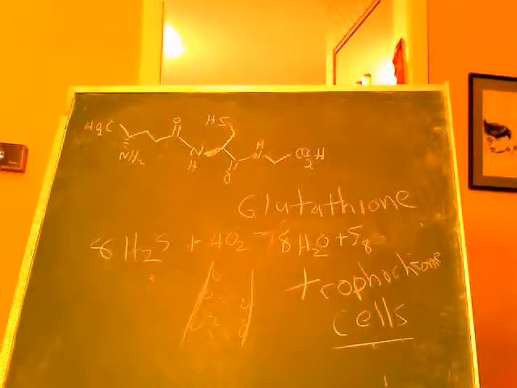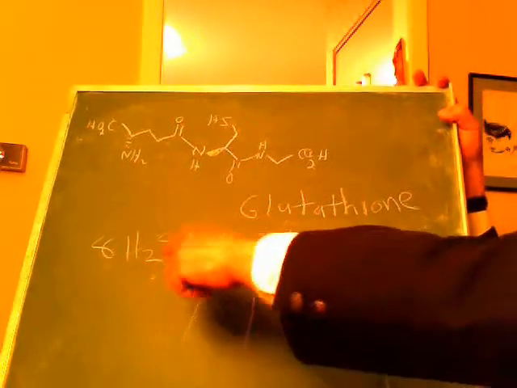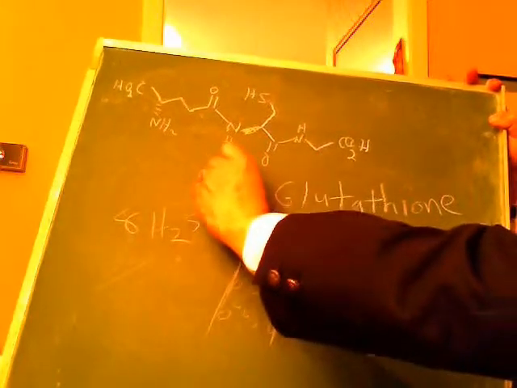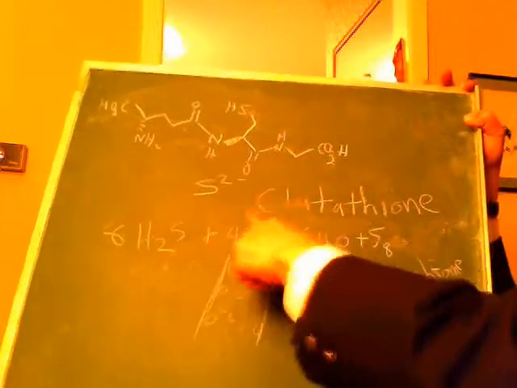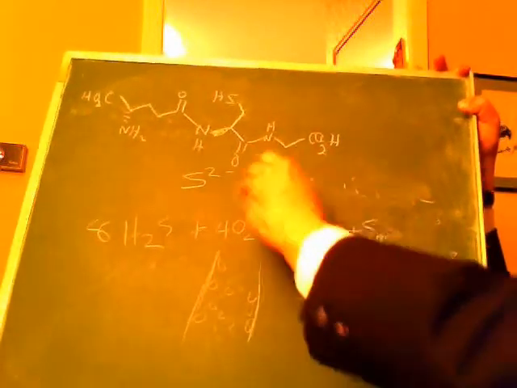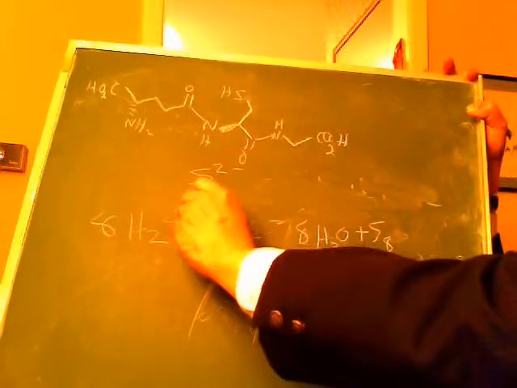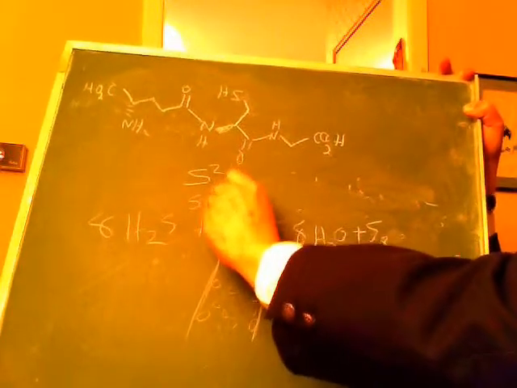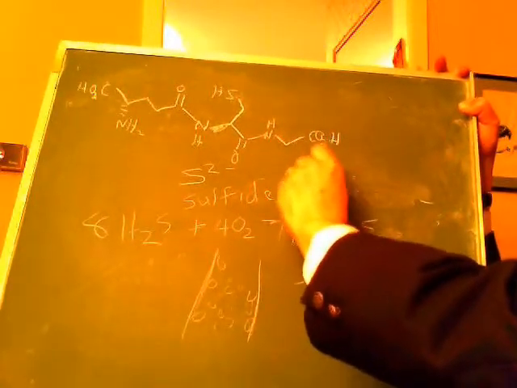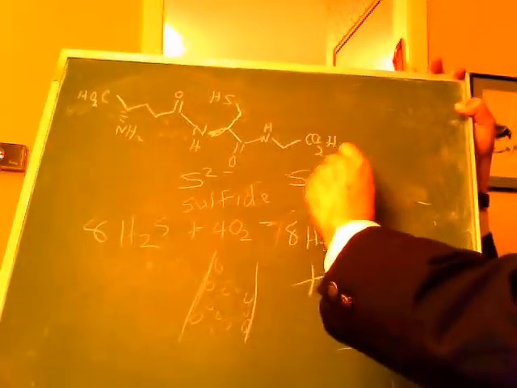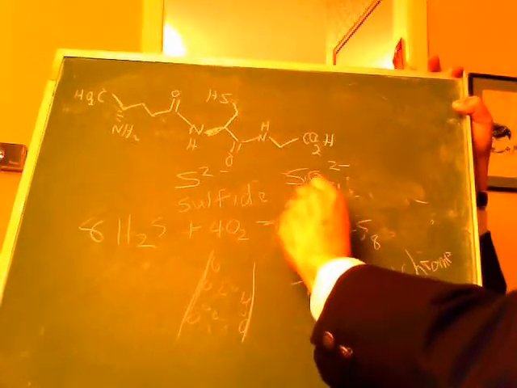These reactions are also catalyzed by other forms of sulfur. Sulfite is another form. This is sulfide, H2S. Sulfide is S2 minus. We also have sulfite, which is SO3 2 minus.